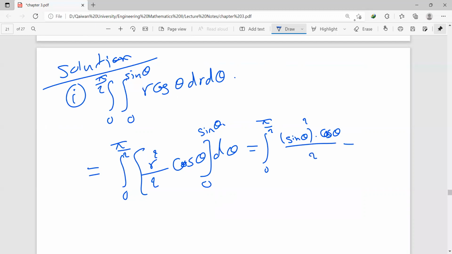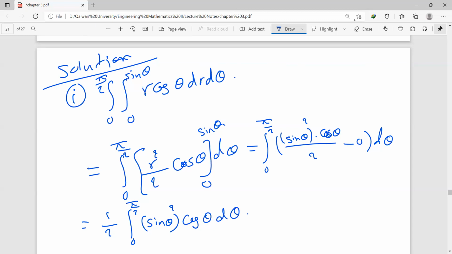Then we replace r by 0. If you replace r by 0, you get 0. That's d theta. It equals a half of the integration from 0 to pi over 2 for sine theta squared times cosine theta d theta.